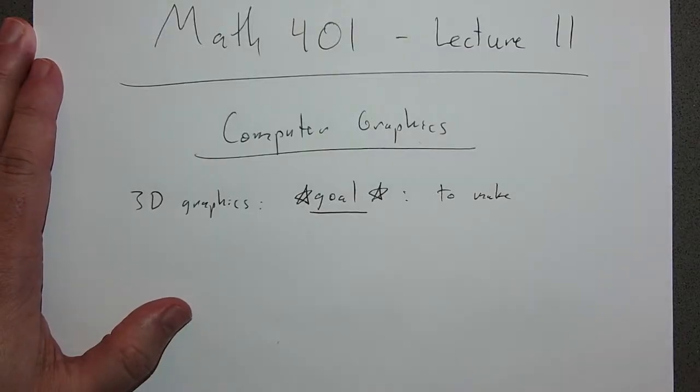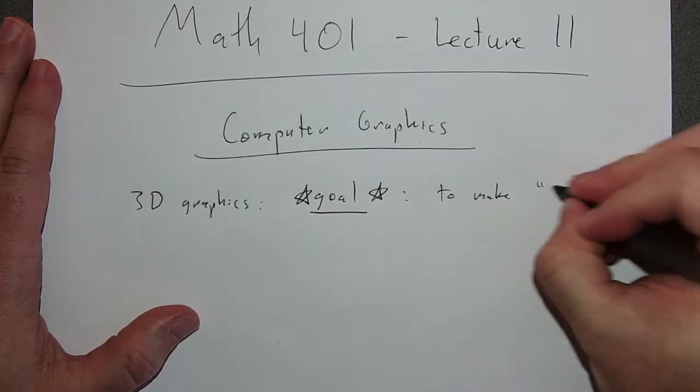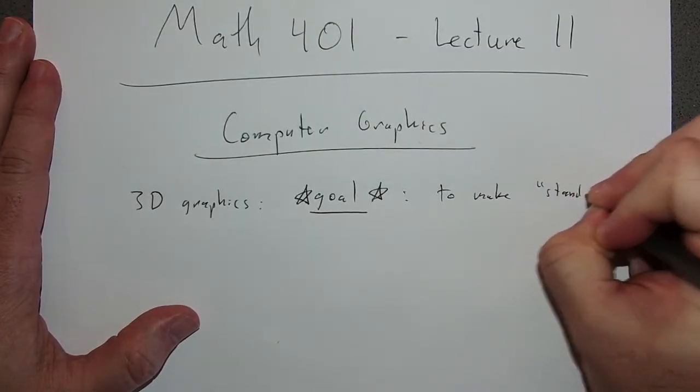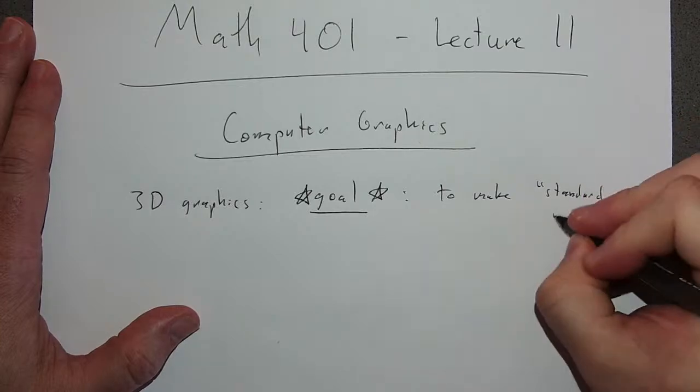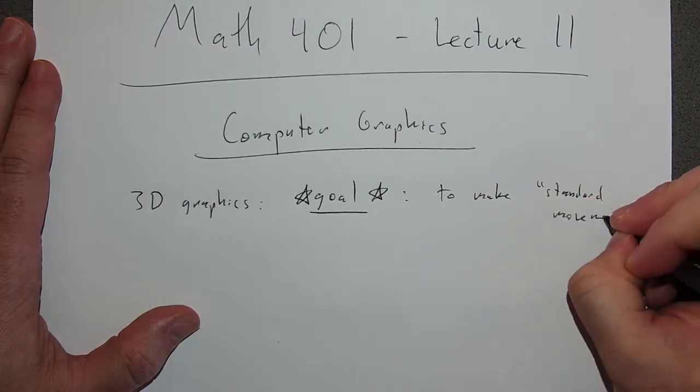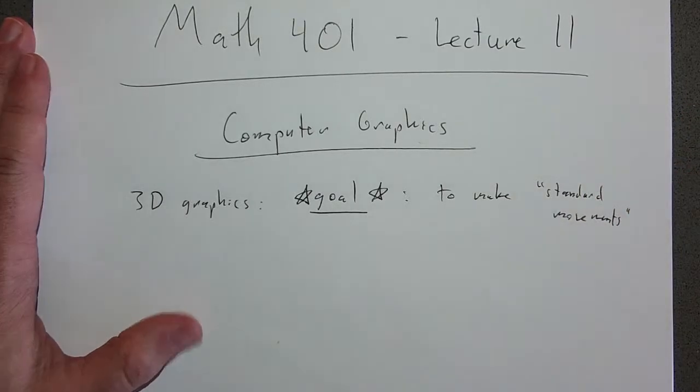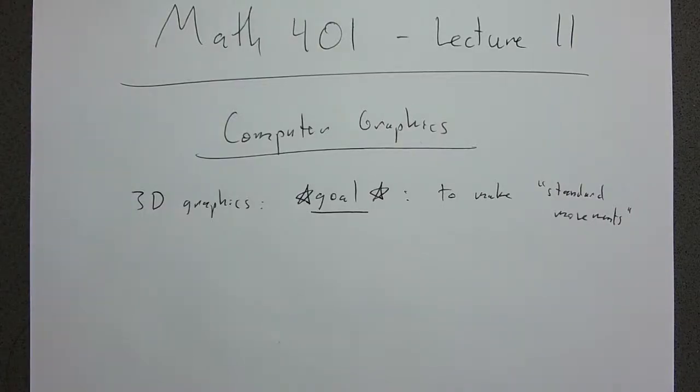So the goal is to make manipulations or standard movements. Depending on your geometry recollection, you might recognize these as isometries, Euclidean rigid motions, whatever you want to call them.